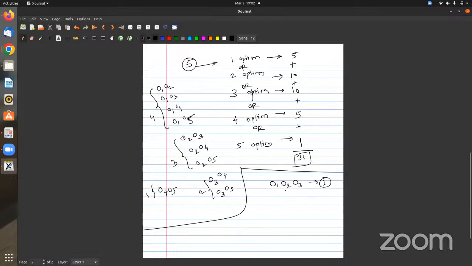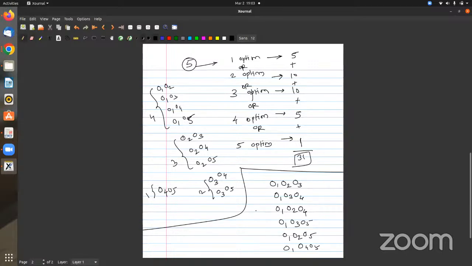The second way is option 1, option 3, option 4, or option 1, option 2, option 4, or option 1, option 3, option 5, or option 1, option 2, option 5, or option 1, option 4, option 5. These are the possible combinations in which you can select three options out of the five.